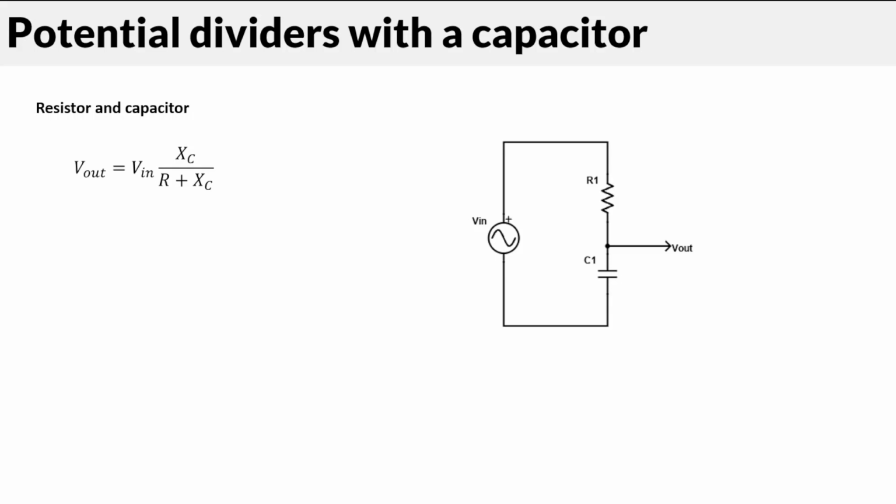Things get a bit different when we put a capacitor in. I've replaced resistor 2 now. Instead of being a resistor, it's a capacitor. I'm going to use the potential divider rule in exactly the same way as I did for just resistors. I can do that because with these reactances, Ohm's law works, and this equation, when we first derived it, was derived using Ohm's law.